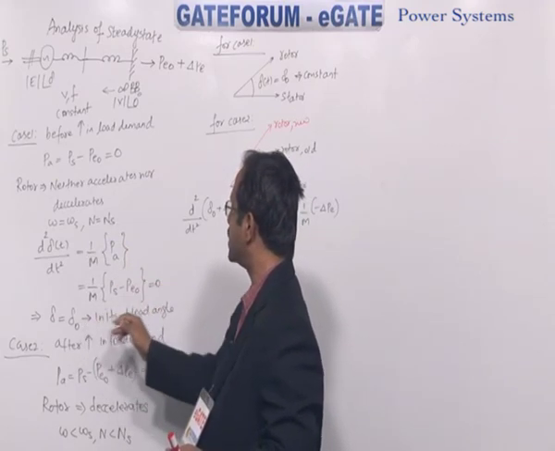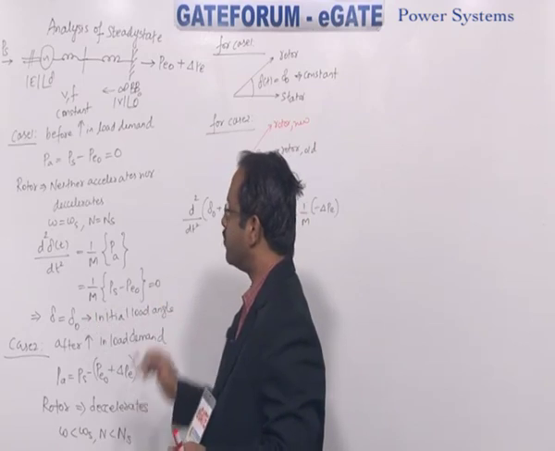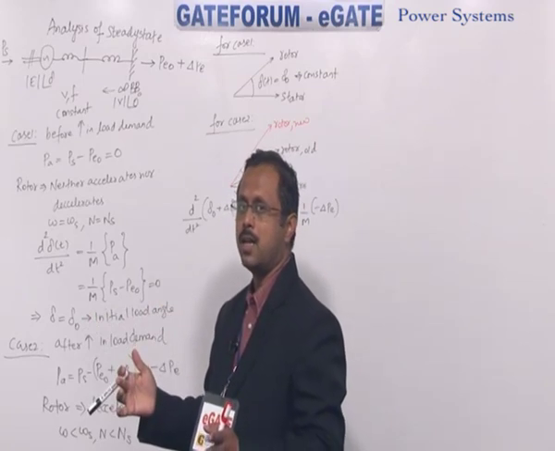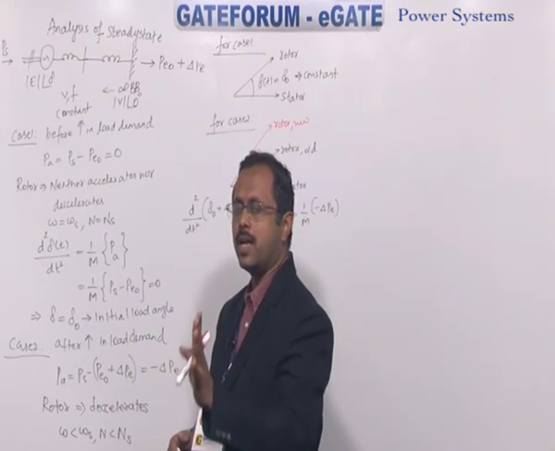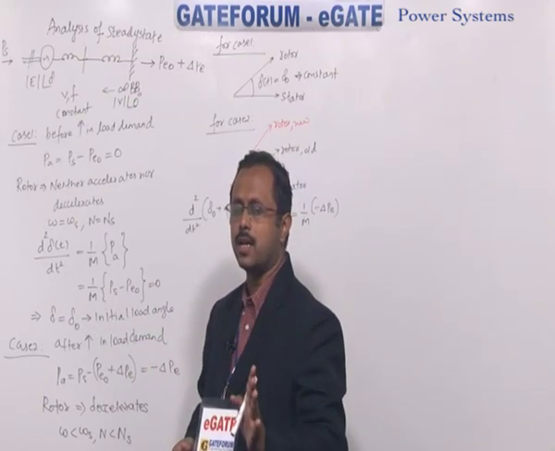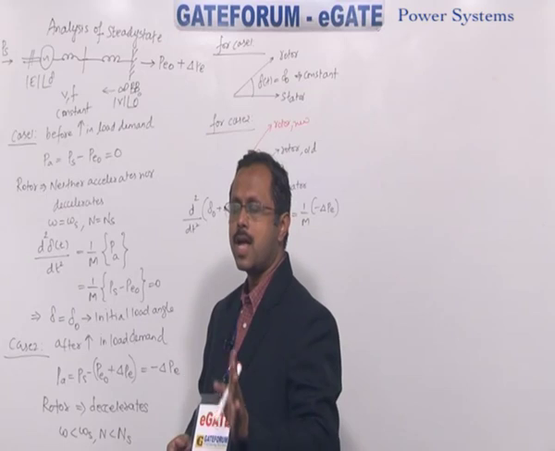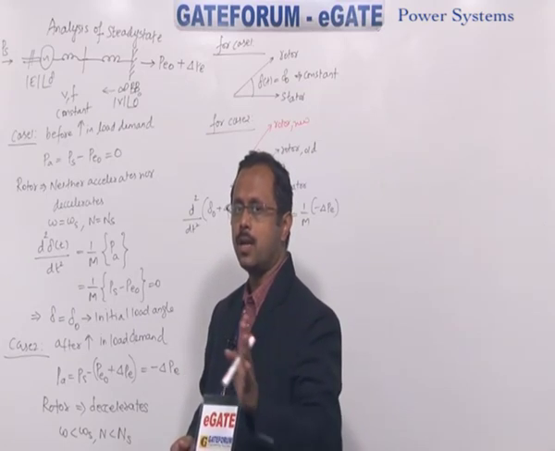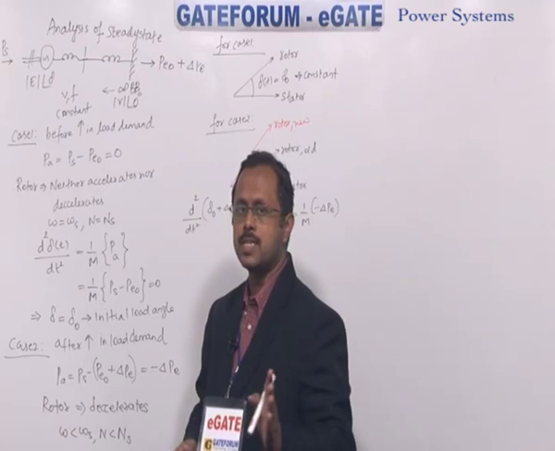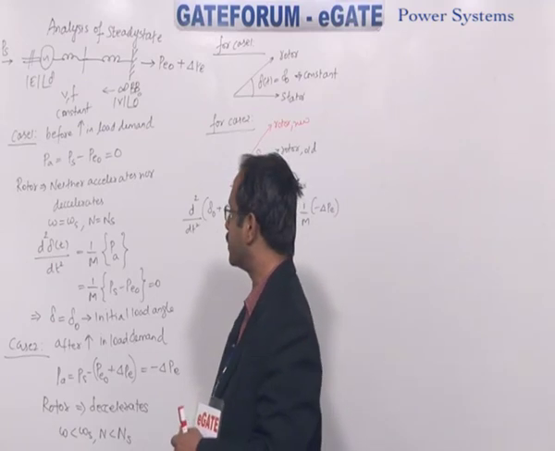So delta naught is the initial load angle which remains constant. As long as there is no change in the load demand, the load angle delta naught remains constant.